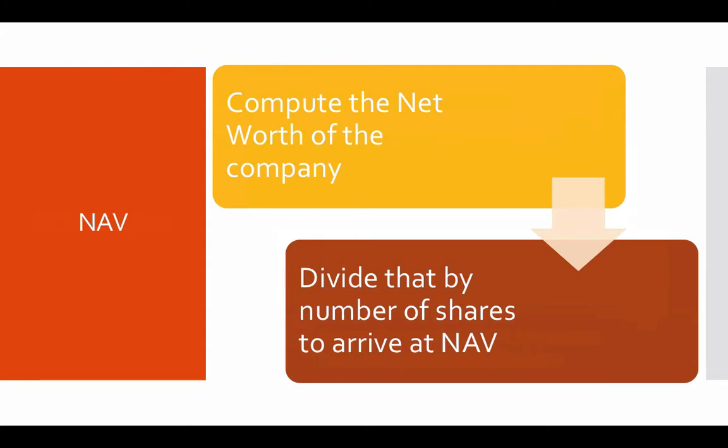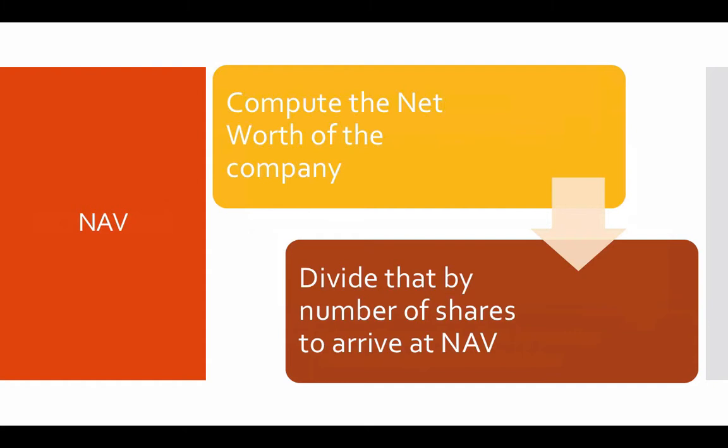Next, in terms of the net asset value method, or the NAV method, we compute the net worth of the company. Net worth is calculated by reducing the total assets by current liabilities and any debt components, because we need to look at it from the aspect of the equity shareholders, and then the net worth needs to be divided by the number of outstanding shares to arrive at the NAV.